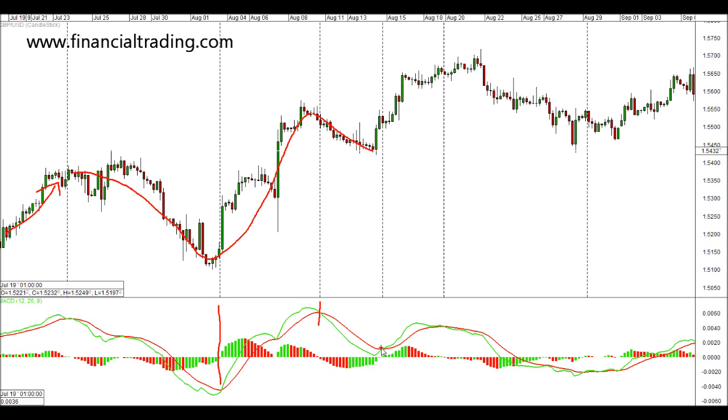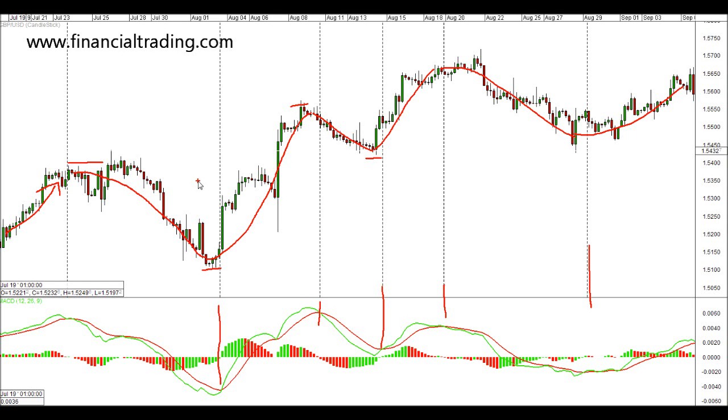We have a bullish crossover just here, price goes on the upside, a bearish crossover, price soon depreciates. We have a bullish crossover here and price goes on the upside. So you'll see in this example the MACD is very reliable and can identify the ends of pushes and pullbacks and price direction.